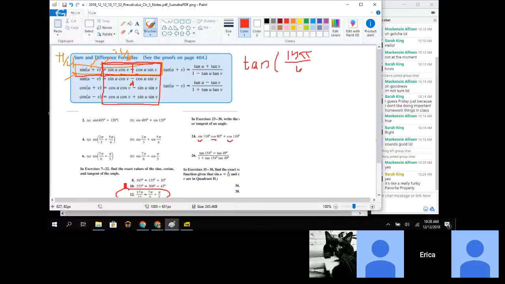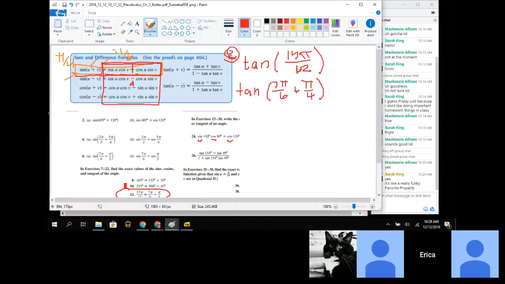This is over 12. This is part of number 12 that I'm doing here. That's why I was trying to write that. Okay. Is equal to the tangent of 7 pi over 6, okay, plus pi over 4.